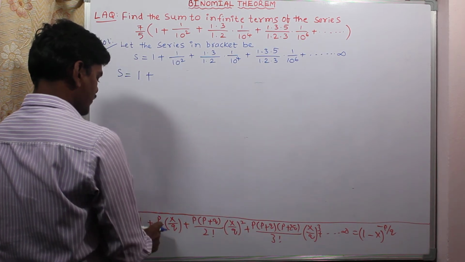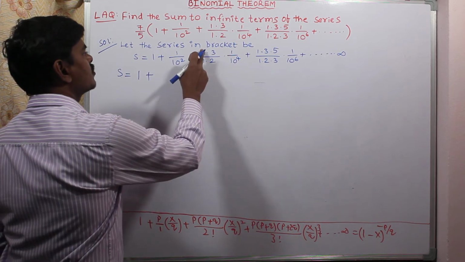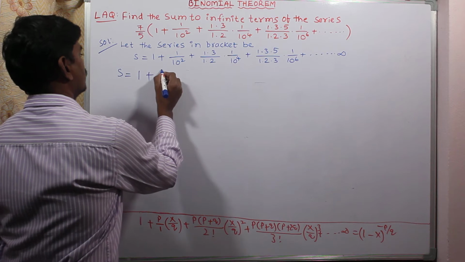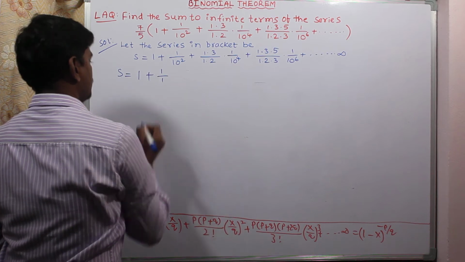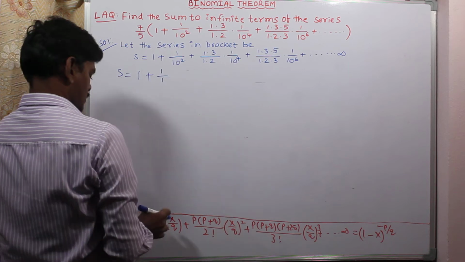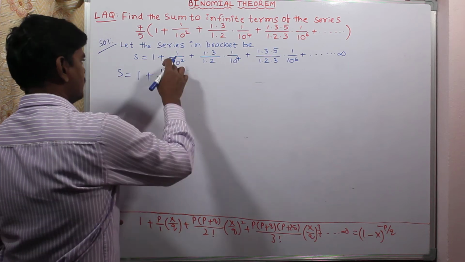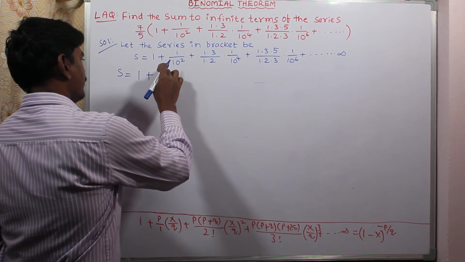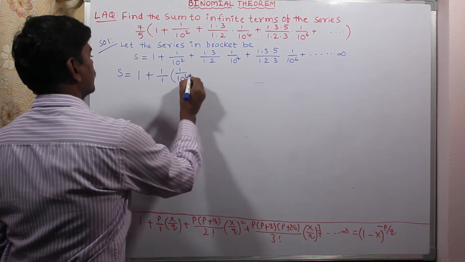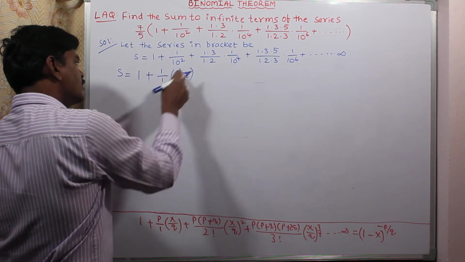Then p by 1 becomes p, I can observe the p value as 1. So p by 1 is nothing but 1 by 1. So I can write in the form of formula without changing its value. In the form of formula I can write the second term as 1 by 1 into 1 by 10 square, which looks like p by 1 into x by q.